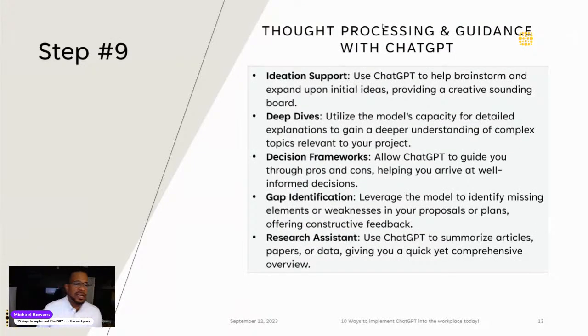Thought process and guidance. This is really important. I've talked a little bit about this, and I said when I'm contacting organizations that I either have not dealt with or I'm trying to work through an idea, one of the things ChatGPT can do is really help you understand an idea.